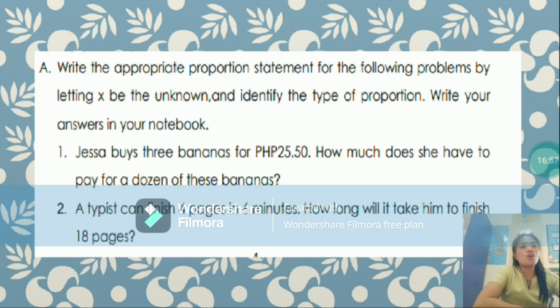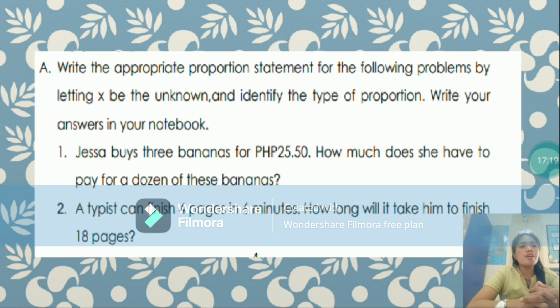Write your answers in your notebook. Number 1, Jessa buys 3 bananas for 25.50 pesos, or 25 pesos and 50 cents. How much does she have to pay for a dozen of these bananas?